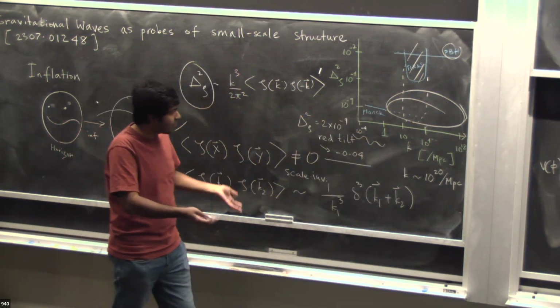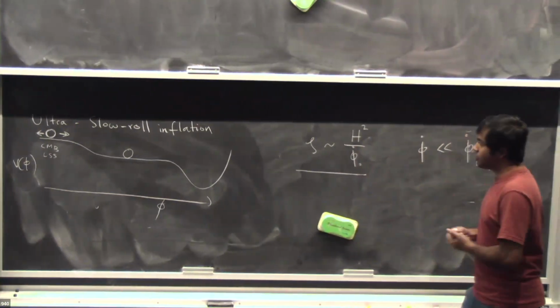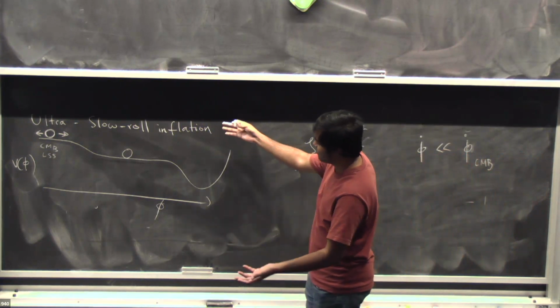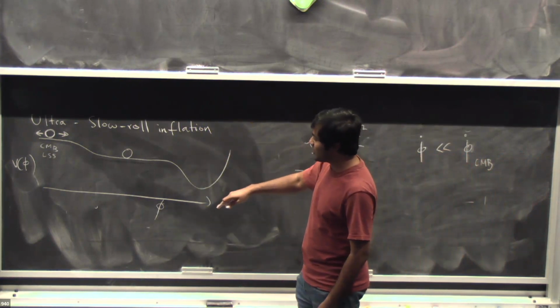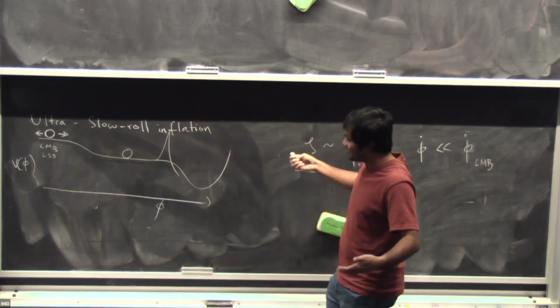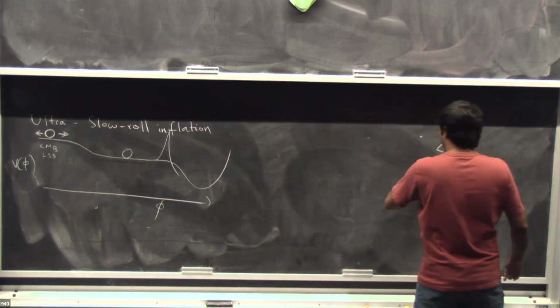But if we were to, then absolutely, you're right. Okay, so that's basically what I wanted to talk about. There are also other models where you put spikes on the potential and you can enhance the perturbations in that way, but I'm also not going to talk about that.